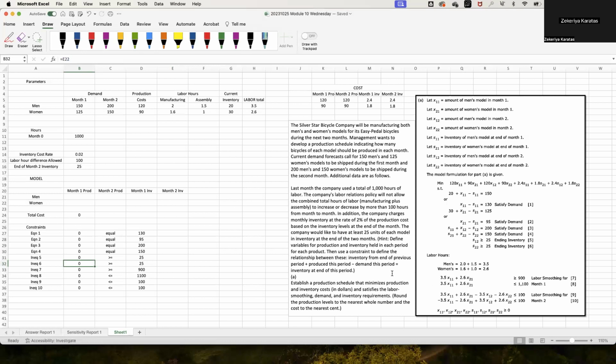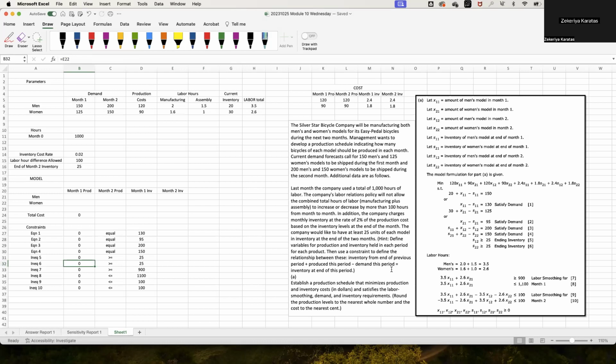It says the total hours of labor for each month should not change by more than 100 hours. So in the last month, they used a total of 1,000 hours. So that means in month 1, it should be larger than 900, and it should be less than or equal 1,100.